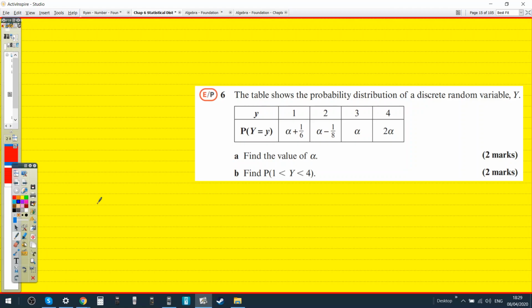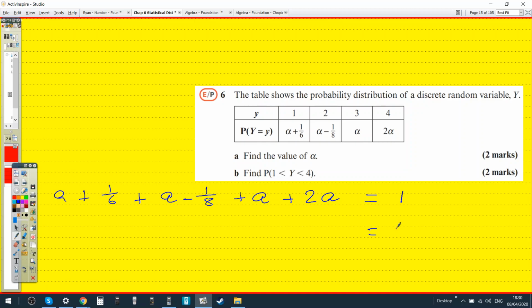So we have to add up all of that. So a plus 1 over 6 plus a minus 1 over 8 plus a plus 2a equals 1. So then we can do a plus a plus a plus 2a equals 1 plus 1 over 8 minus 1 over 6, which gives us 23 over 24.